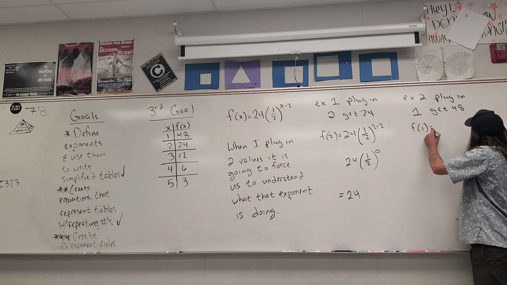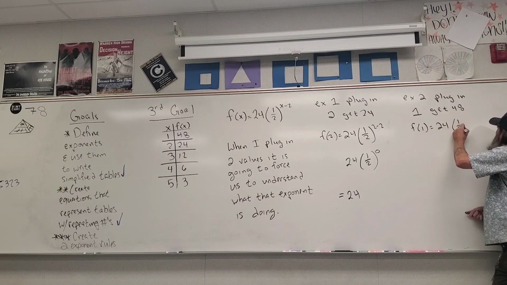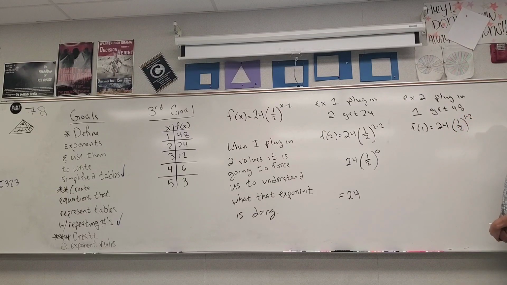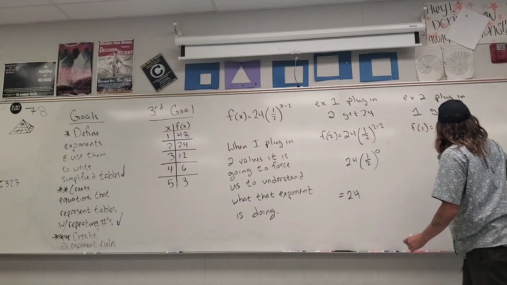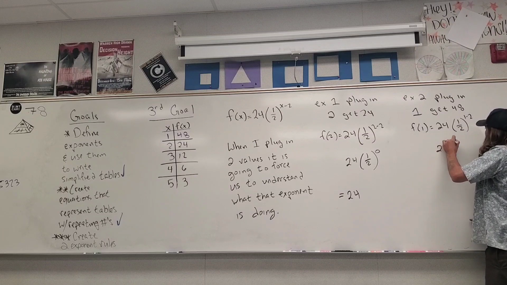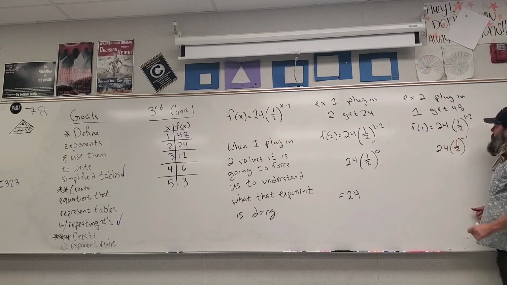So f of 1 is equal to 24, parentheses, 1/2. Now it's 1 minus 2, because my x becomes a 1. And now I get 24, parentheses, 1/2, 1 minus 2, that's minus 1.